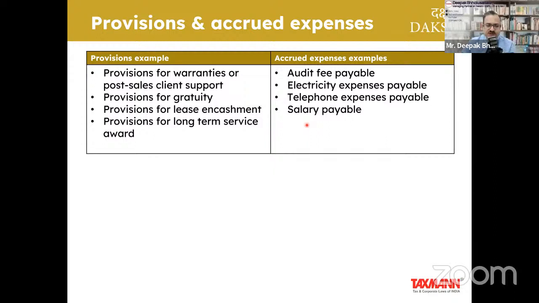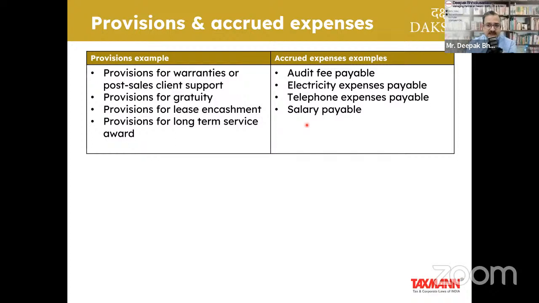You approach an actuary, based on your past experience, the life of the employees, the expected manpower turnover ratio. It may also change. Let's say in your industry the manpower turnover ratio is 15%, and in some other industry it is, let's say, 5%. The actuary valuation would be different, right? It's based on some statistical methods.